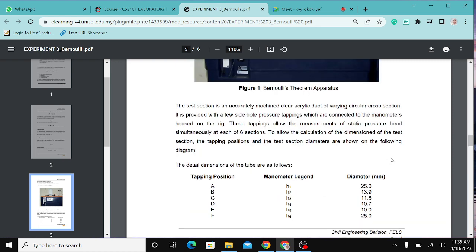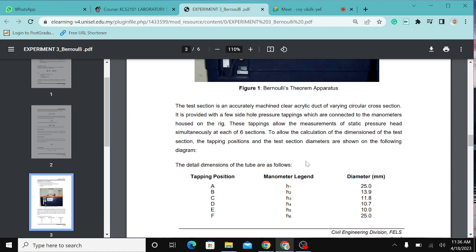For that one, the test section is an accurately machined, clear acrylic duct of varying circular cross sections. It is provided with a few side hole pressure tappings, which are connected to the manometers housed on the rig. These tappings allow the measurement of static pressure head simultaneously at each of 6 sections.